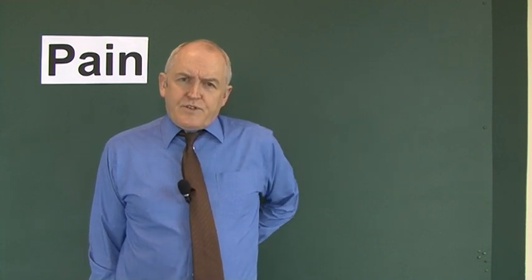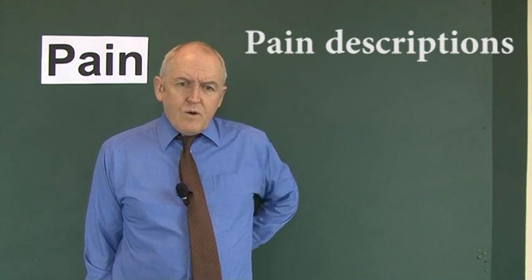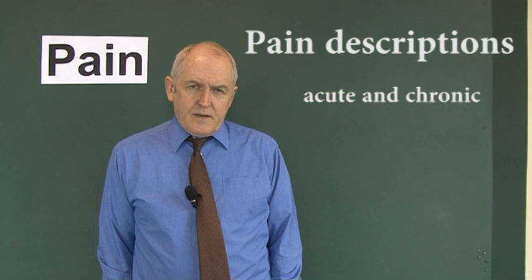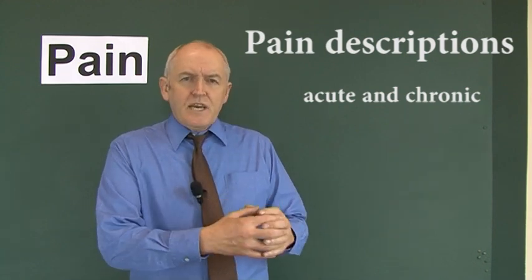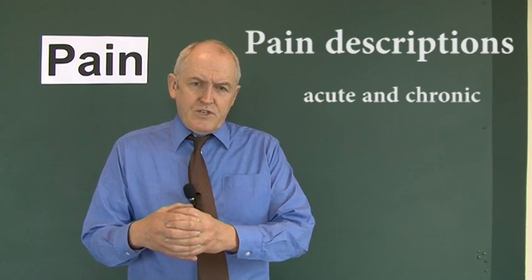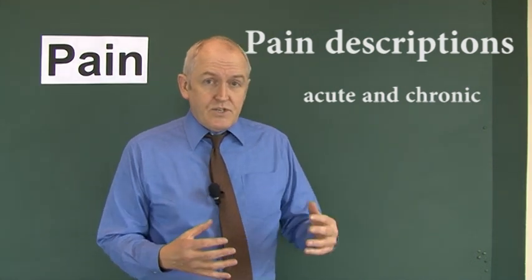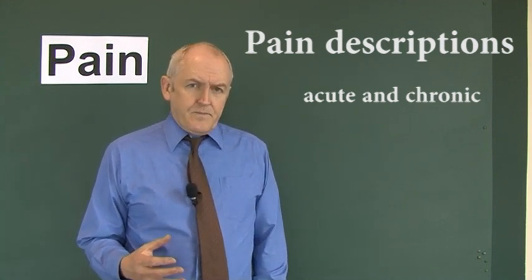Now, what about descriptions of pain? How are we going to describe pain? Well, pain is often described as being acute or being chronic. What we normally say is acute pain is generated in response to some tissue damage, although we have said that might not be a linear relationship, it can be modulated. Or pain can be chronic.